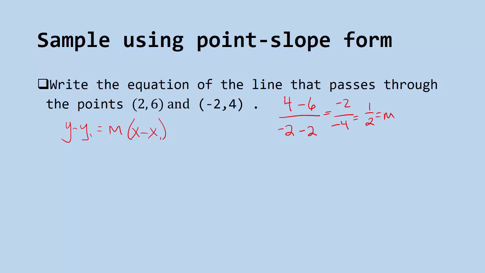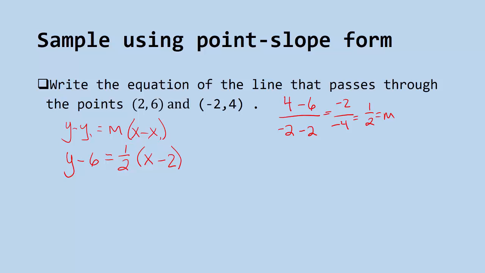So I'm going to pick either of these 2 points to be my x1, y1. I'll go ahead and grab the first one. So I'm going to take y minus and then replace the y1 with 6. Replace my slope with 1/2. Replace my x1 with the x from that same point, so that's 2.